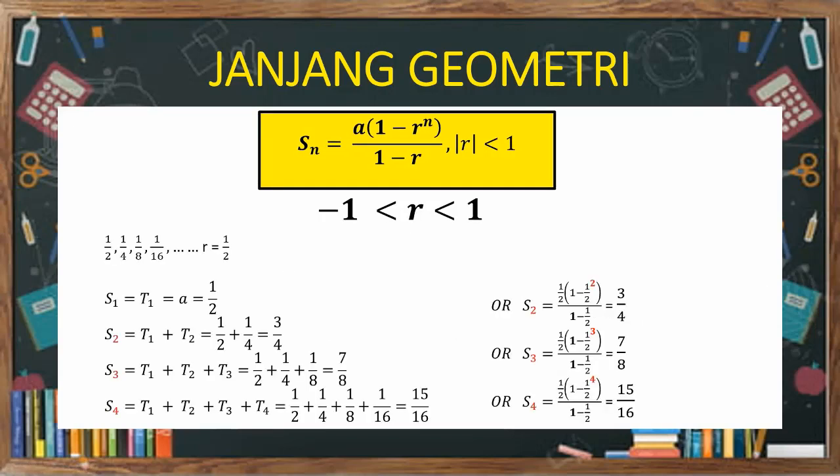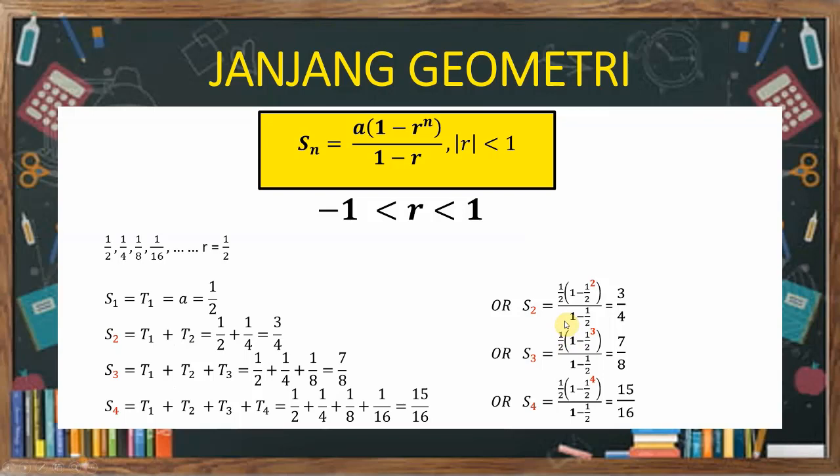Let's see the example. 1 over 2, 1 over 4, 1 over 8, 1 over 16. The r is 1 over 2, which is in between negative 1 and 1. Therefore, we use this formula. By using this formula, we do not have to list out the summation of all the terms.